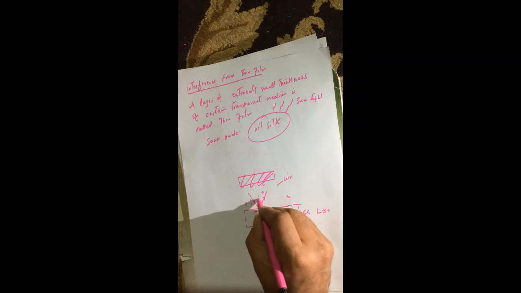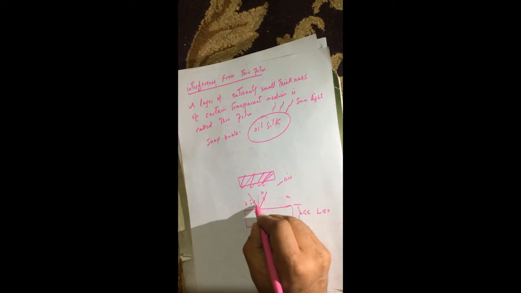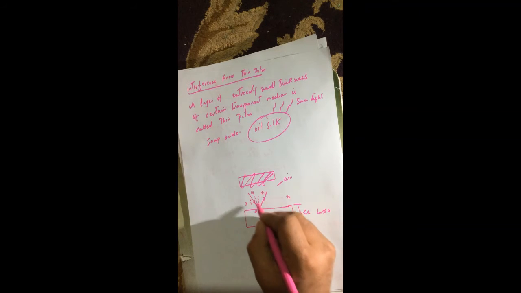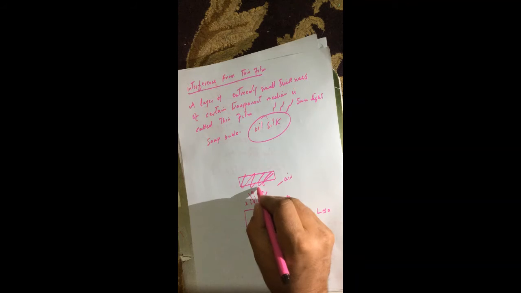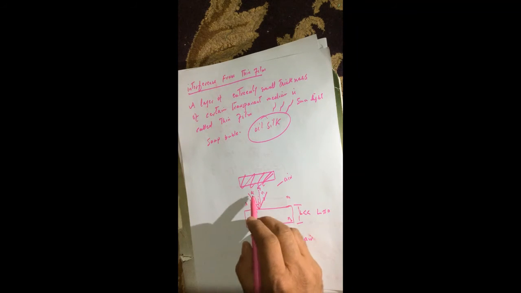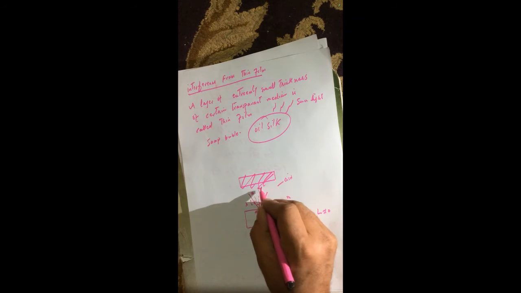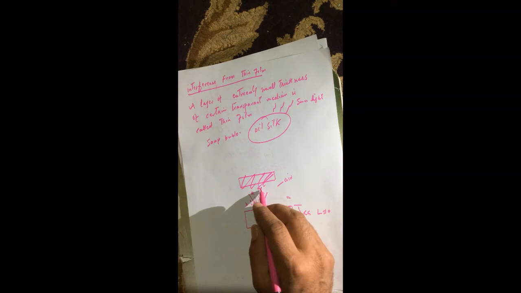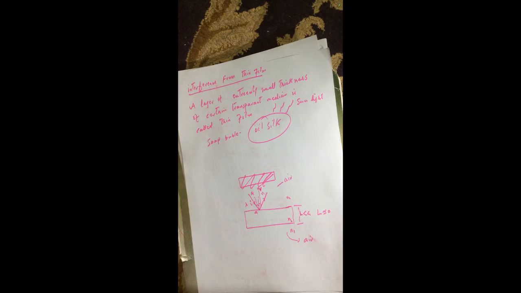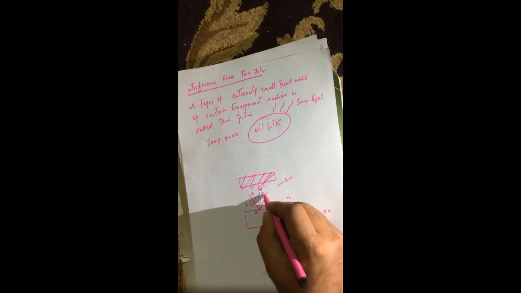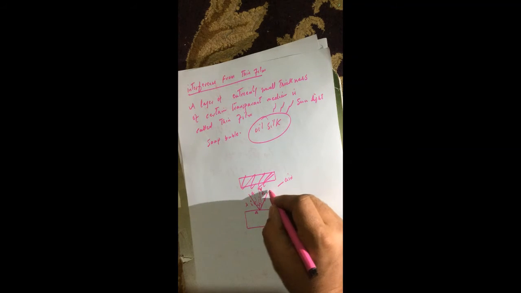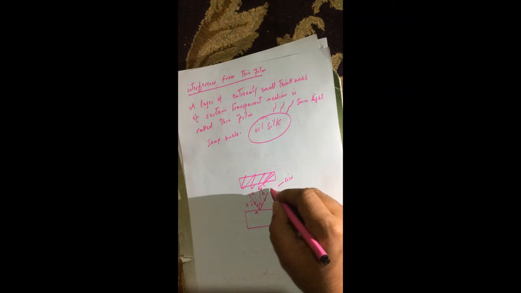If this is the normal to this surface, then the angle of incidence is theta I and this is theta R. Angle of incidence and angle of reflection are equal. Now this ray R1 is reflected in this way, and here we have someone who is observing these rays. So this is the observer.